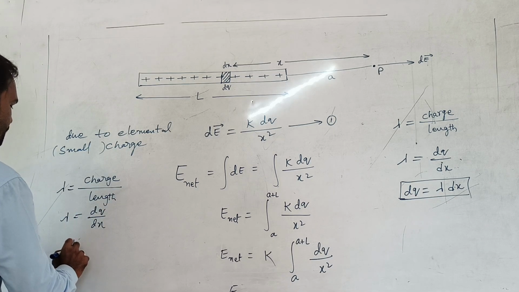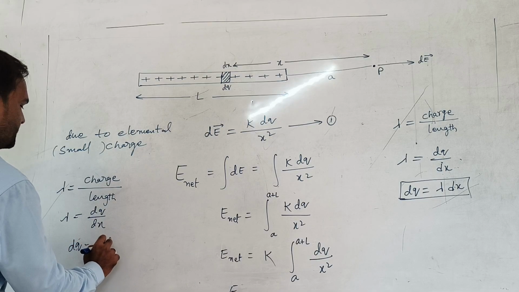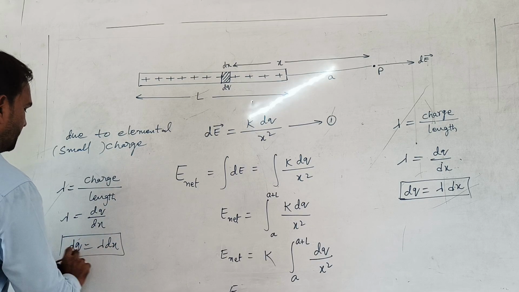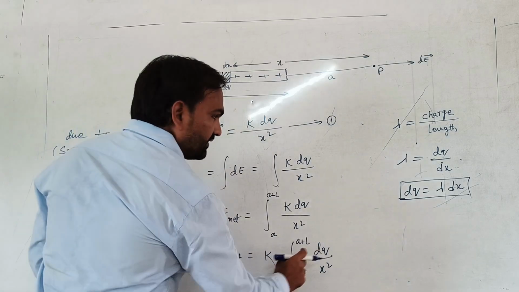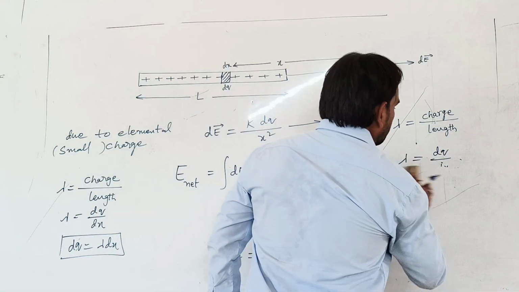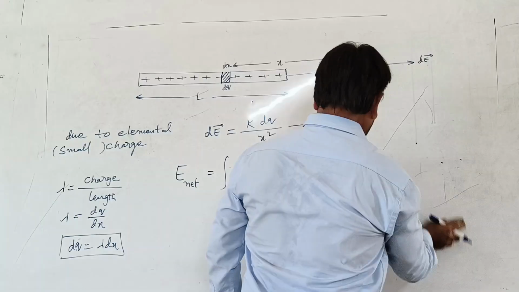Then you find that dq is lambda dx. This value of dq, lambda dx, is substituted in this equation.